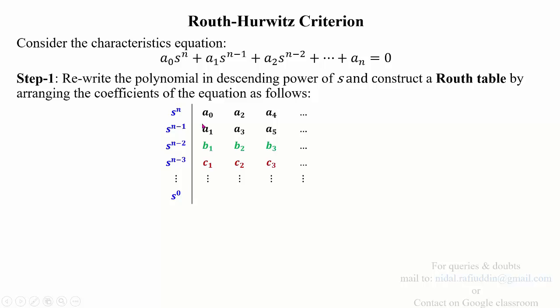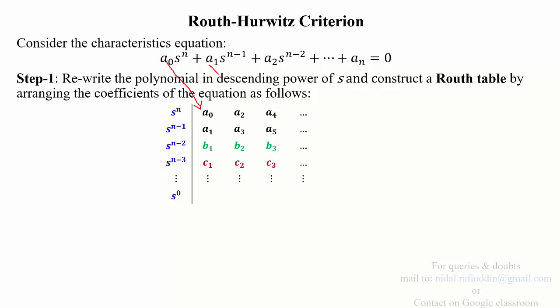And on the right side, you will be writing coefficients from the equation that you observe here. If you look at this equation, you have coefficients a0, a1, a2 up till an. You'll be using these coefficients to populate the first two rows in this manner. The first element corresponding to the row of s to the power n comes from a0, so you put this value a0 here.